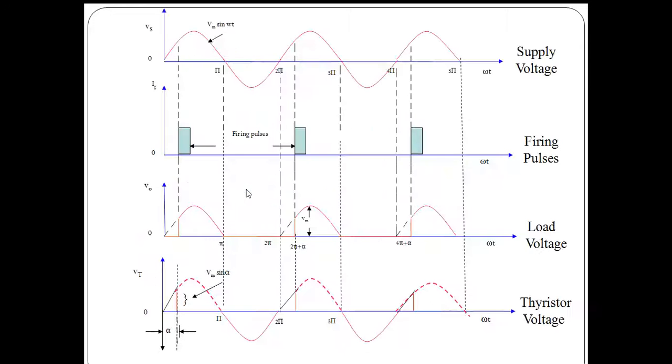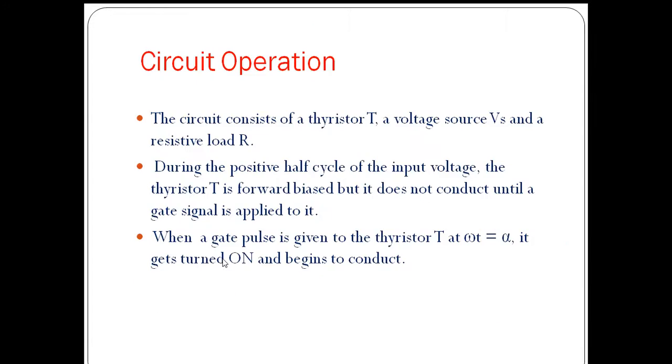In this waveform it is clear: at alpha we apply the firing signal, and the device starts conduction from alpha. From alpha to pi we get the output voltage, and for the remaining period it will be 0.